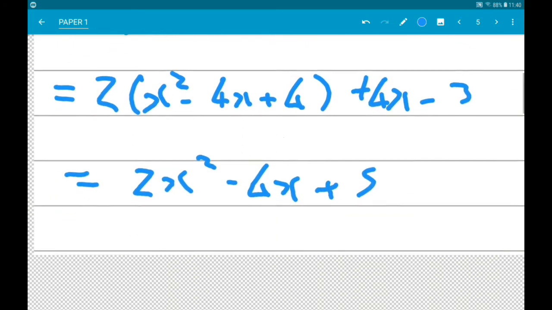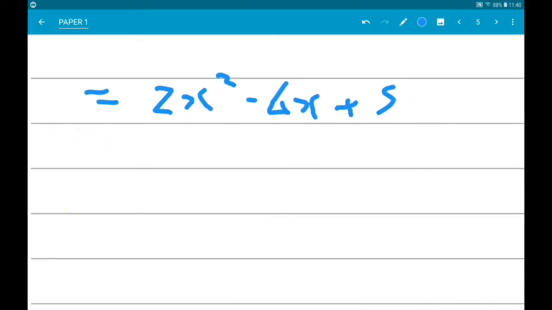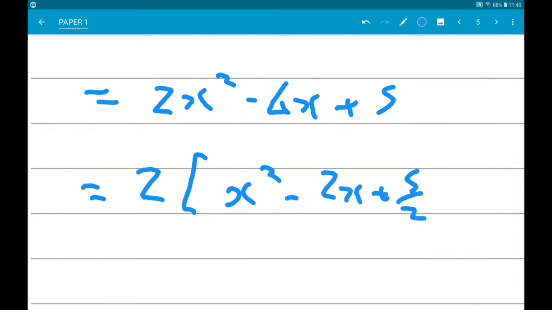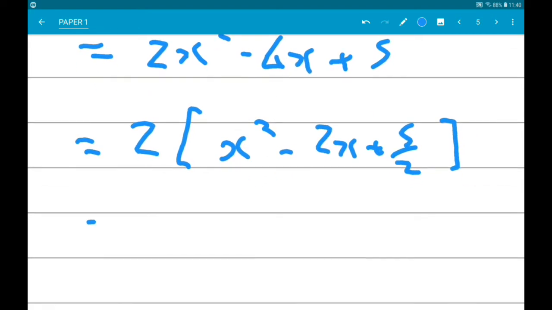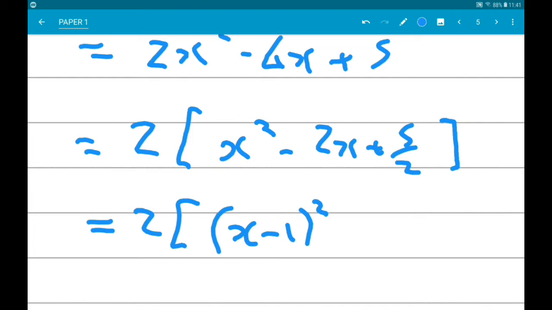Okay, now let's complete the square. So that's 2 lots (x squared minus 2x, add 5 over 2), which is then 2 lots of (x minus 1) squared, and then subtract 1 on the outside, so that's 3 halves.